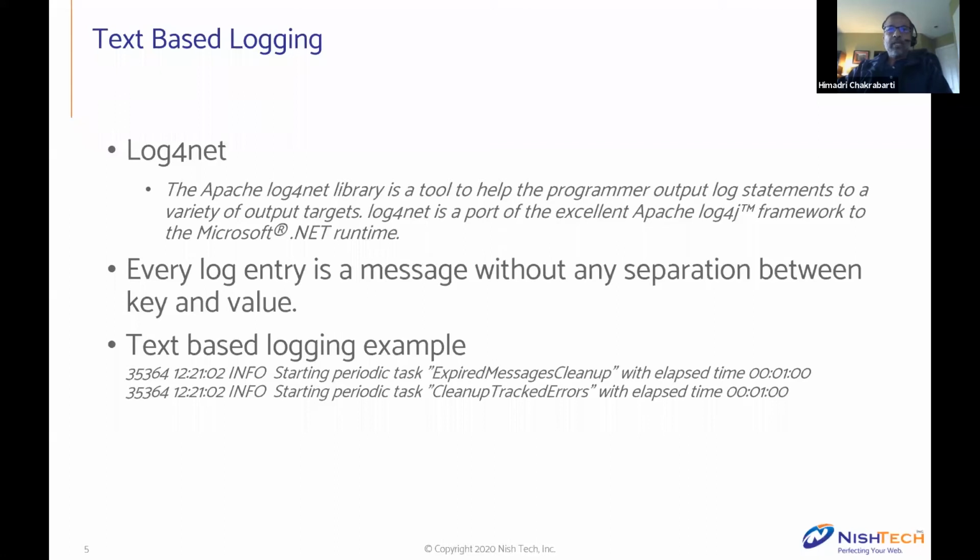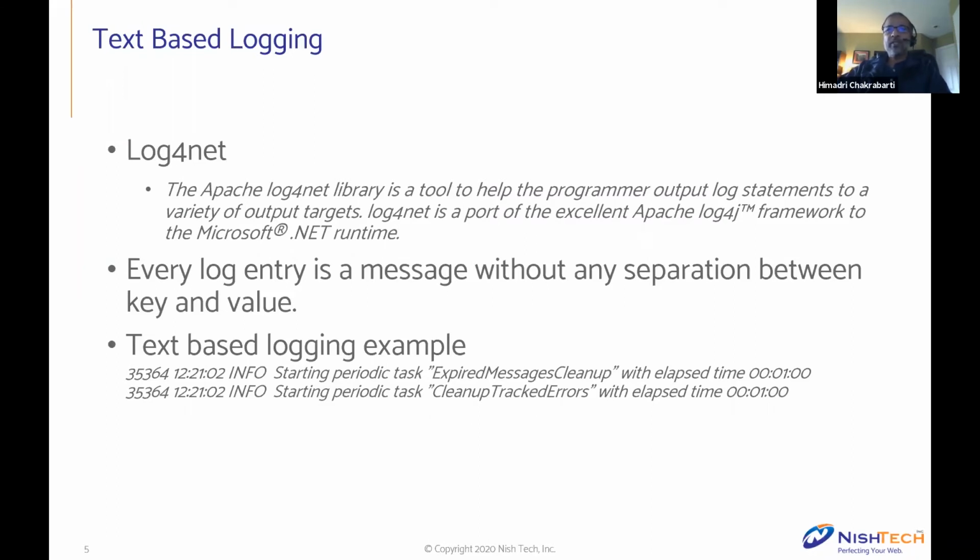We use that every day, and one of the most popular libraries for text-based logging is Log4net for the .NET environment, which is a port from the Apache Log4j library. If you look at the Apache statement about Log4net, it says that Log4net is a tool to help programmers output log statements to a variety of output targets.